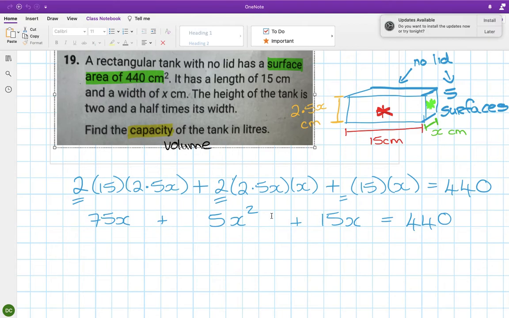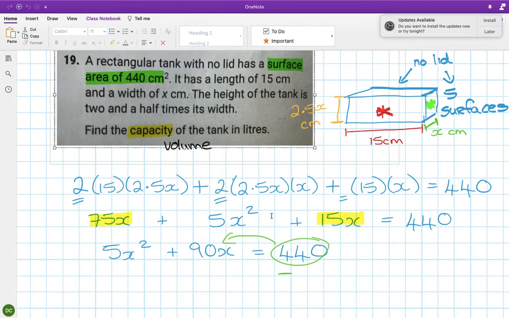So we have 5x squared, 75 plus 15, because these are like terms, so they can be added. So I get 90x equals 440. And then I need to bring this over here. So I do minus 440 to cancel, and minus 440 then for balance.